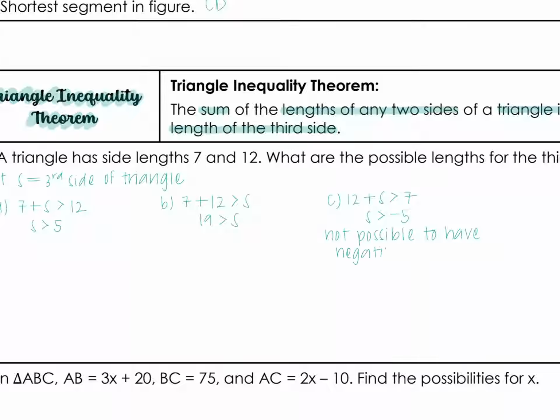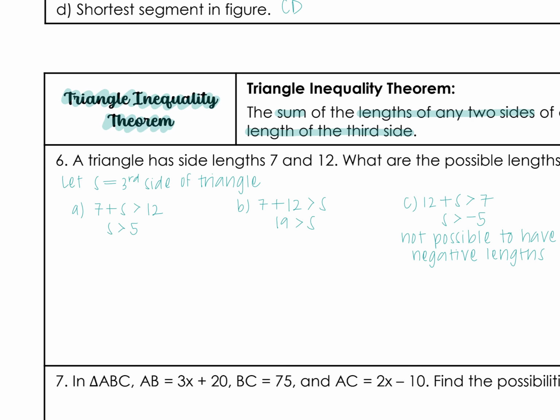And so I already know that this right here will not work. Okay, because this is saying that yes, it is greater than -5, but it's saying in this scenario you could have -4, -3, -2, -1, and none of those lengths actually will work in our triangle. So we're going to focus on these two scenarios over here to write our inequality.